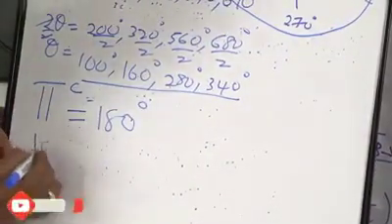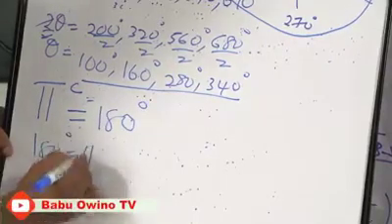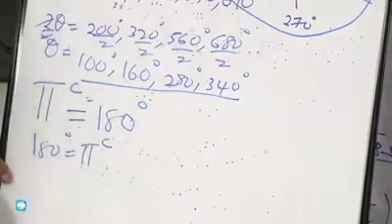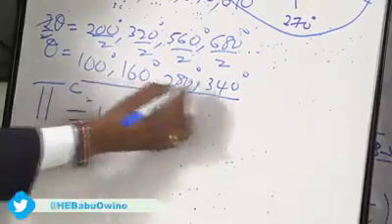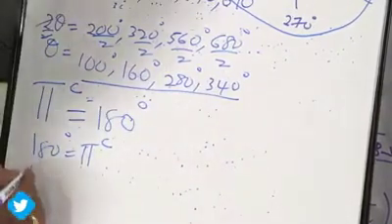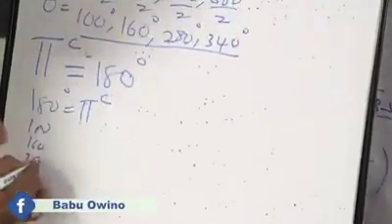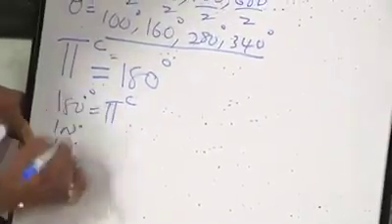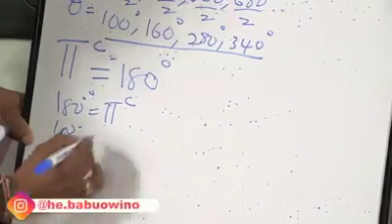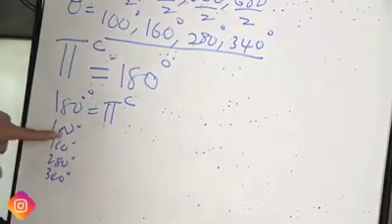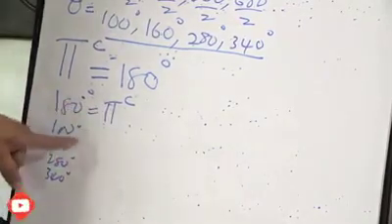If 180 degrees equals pi radians, what about all these angles? What about 100? What about 160? What about 280? What about 340 degrees? So you realize that we'll be multiplying 100 times pi, divided by 180.